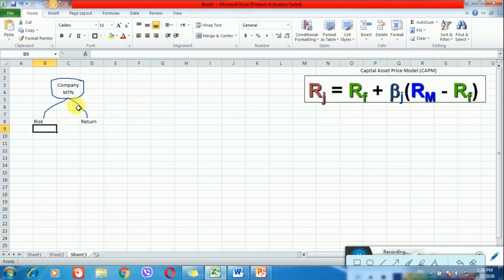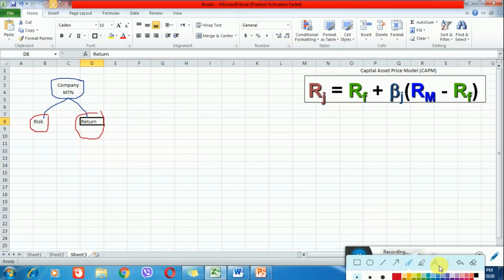If you want to make an investment here, then you are expecting some return, right? So if this company, the MTN company, is having a risk, then you have to expect return according to the risk.